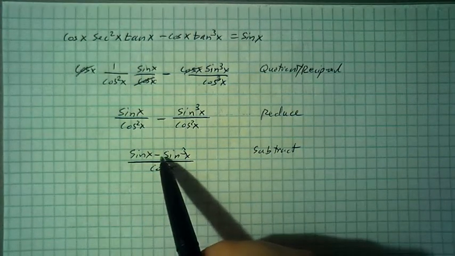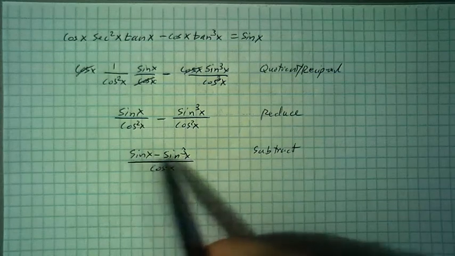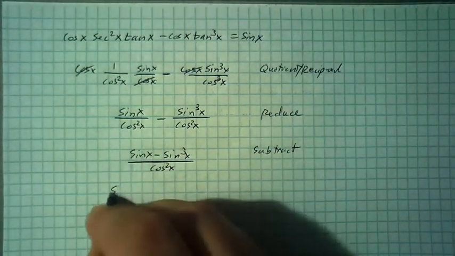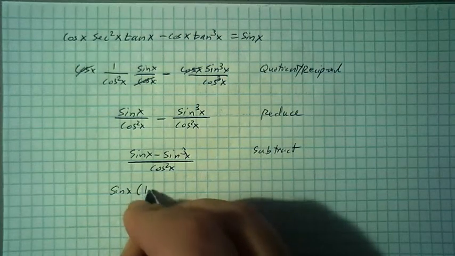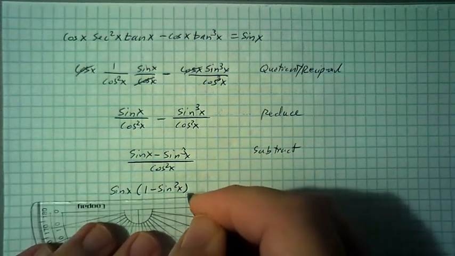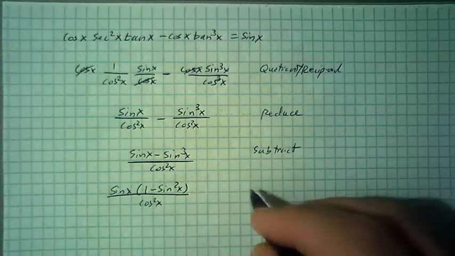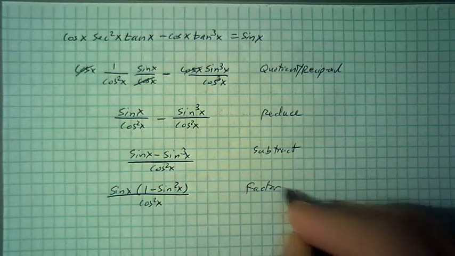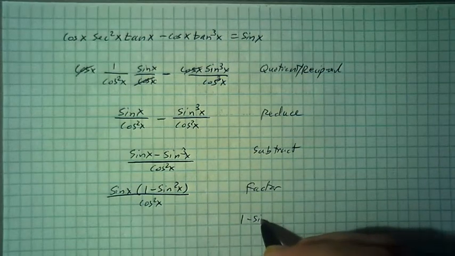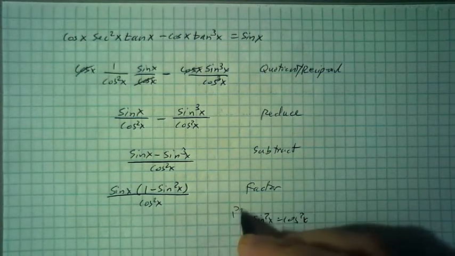I already know what I'm going to do on the top here. I'd like this to be 1 minus sine squared, so if I factor out a sine, that leaves 1 minus sine squared. So factor, and then I know 1 minus sine squared equals cosine squared. That's a Pythagorean identity.